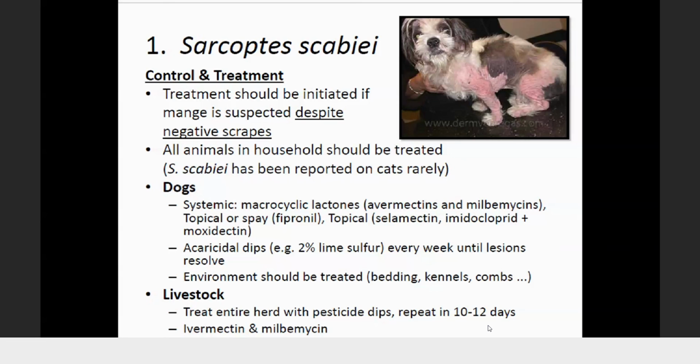And then for dogs, you can use ivermectin because it's an effective treatment. Okay. And then there's also parasiticides. Okay. Lime sulfur can be used with inhalation as resolved. And then animals should also be treated. And for livestock, we need to treat with pesticides, sweeping, and nutrients, and can also use ivermectin and ivermectin injectables.